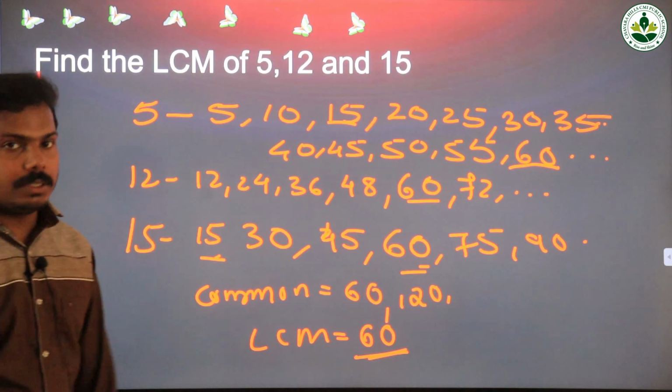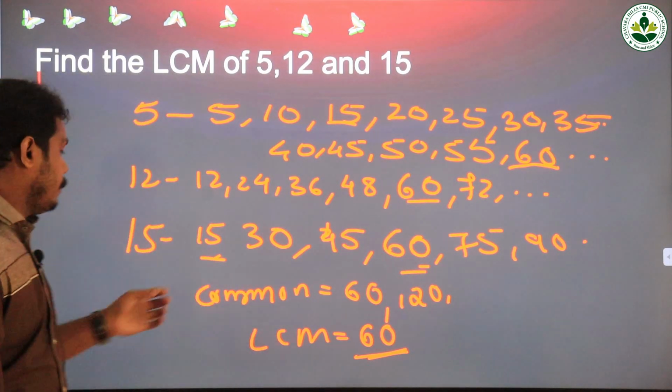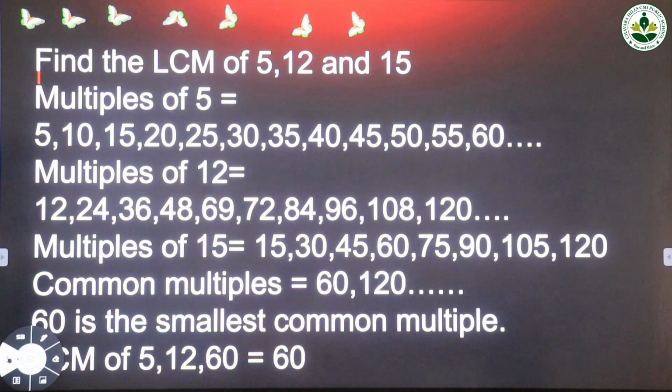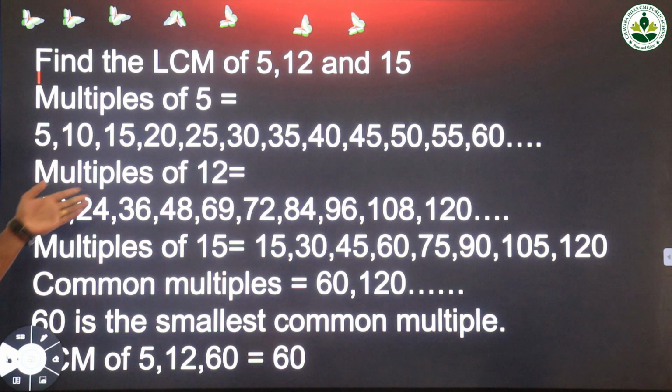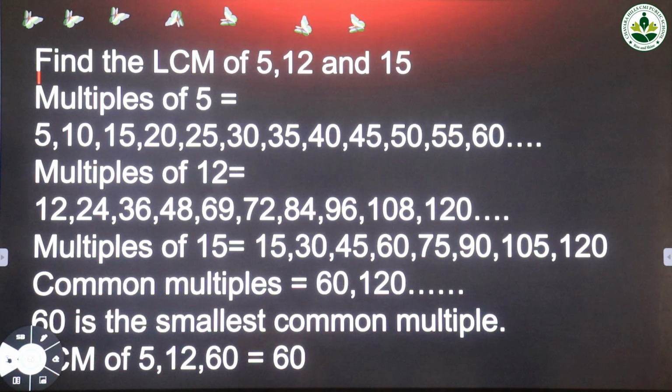For bigger numbers, this method is difficult. Anyway, for the LCM of 5, 12 and 15, first we write the multiples of 5, then 12, then 15, and we got the answer as 60.